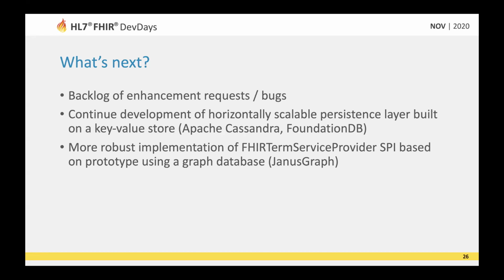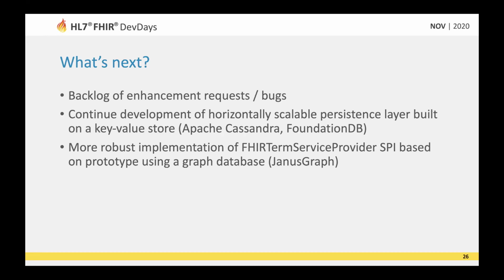But right now we're looking at a key value store to get around some of the scale up limitations that a relational database has. And then we're also looking to build out a more robust implementation of the FHIR term service provider based on a prototype that we put together using a graph database.